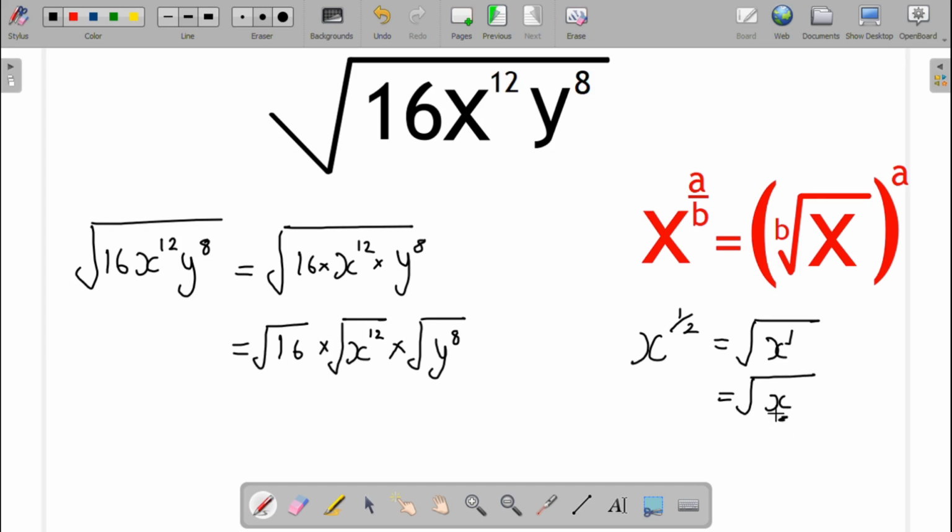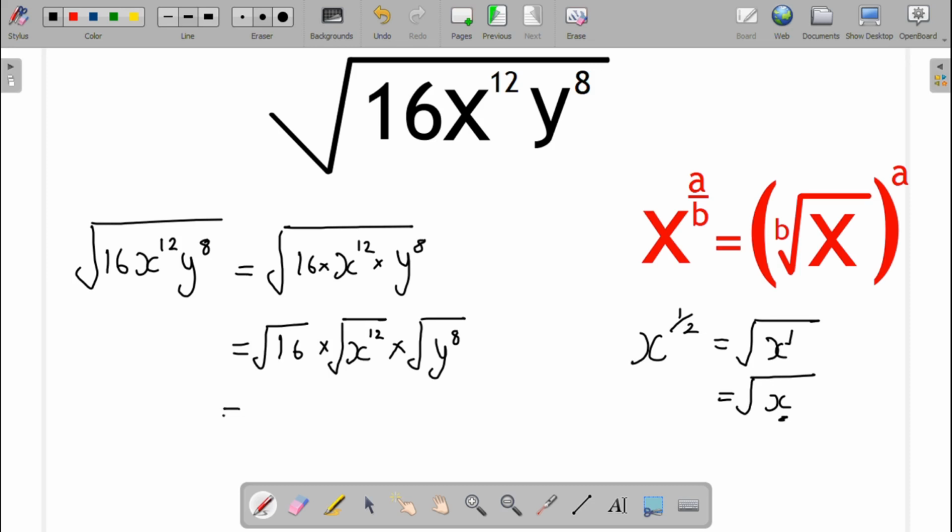Now, looking at this right here, the square root of 16, the square root of x raised to power 12, and the square root of y raised to power 8, it can be expressed further as the number raised to power half, because raising to power half will still give us the square root of that number.